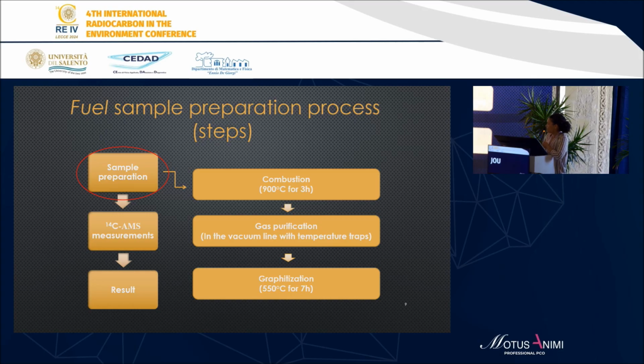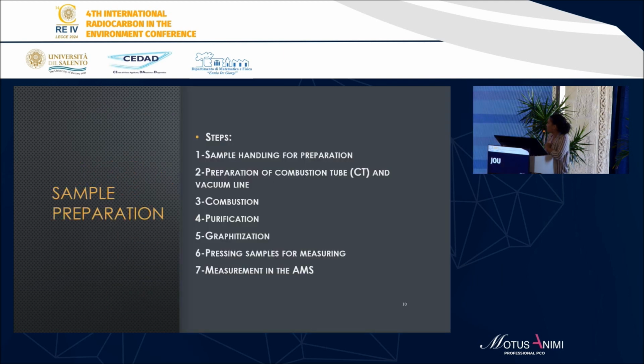But before the combustion, we have a handling process, and this step is very, very important too. So the steps are: first, sample handling for preparation; second, preparation of the combustion tube and vacuum line; then combustion, purification of CO2, graphitization, and finally pressing the sample for measuring in the AMS.